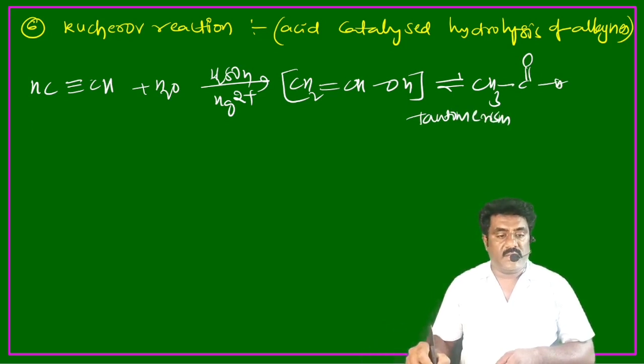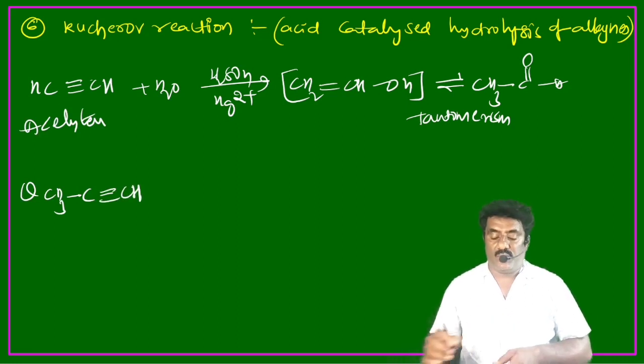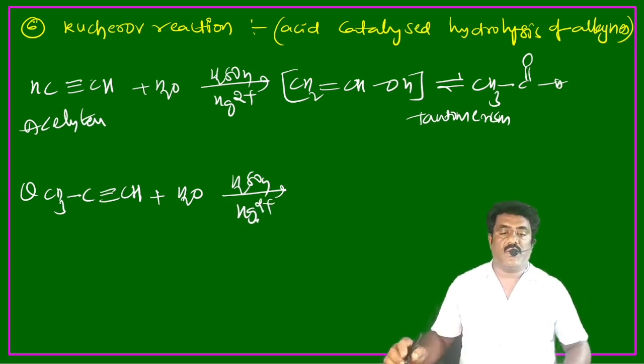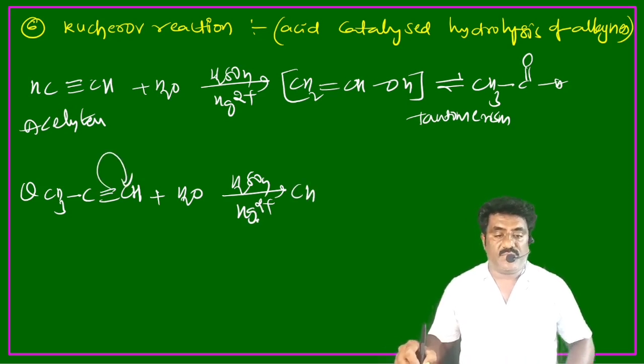This is acetylene, meaning alkyne. I am taking a question. For example, CH3 C triple bond CH in presence of H2O and H2SO4, Hg2+. What is the product? See, here CH3, so this pi bond is shifted. H+ and OH-.